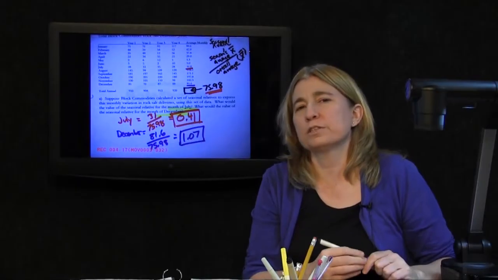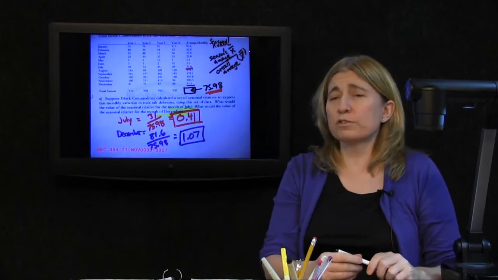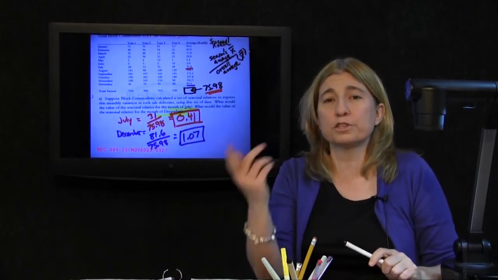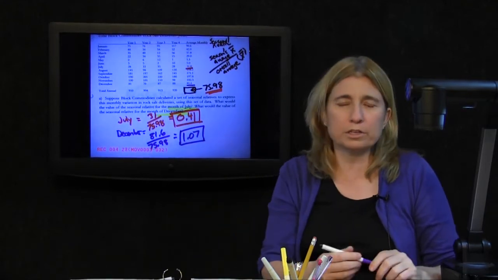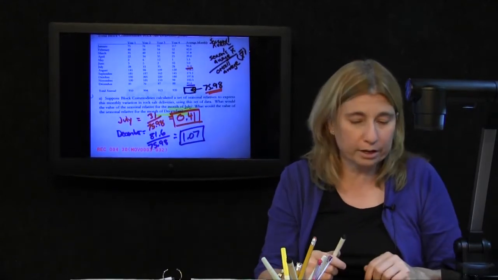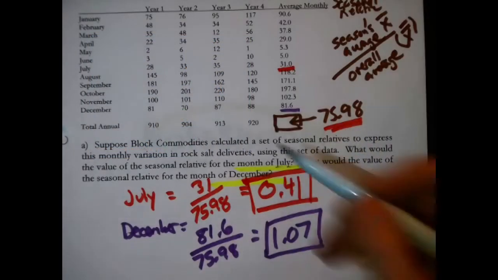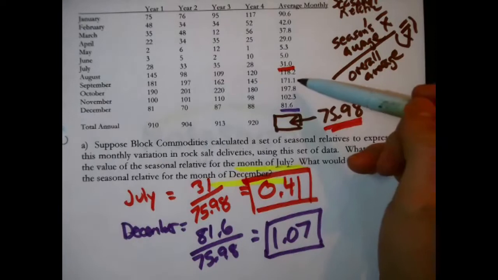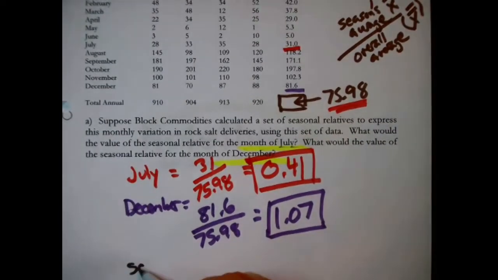If you have the first edition of Practical Operations Management and you're looking up the answers, it ever so helpfully volunteers the answer for September. What's the seasonal relative for September? The question didn't ask that, but we could confirm that as well. September is a really busy time.